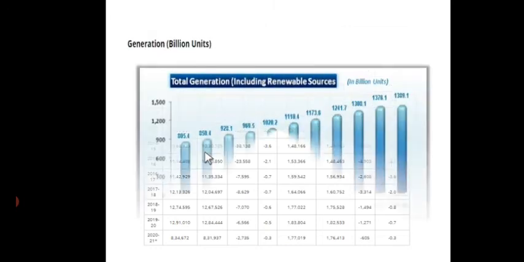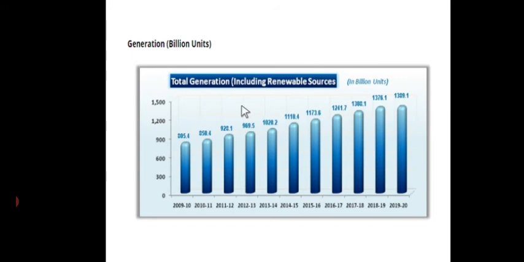Next is the generation in billion units, as shown in the previous graph. In 2009-10 there were 805 billion units, and in 2019-20 it was 1389 billion units produced.